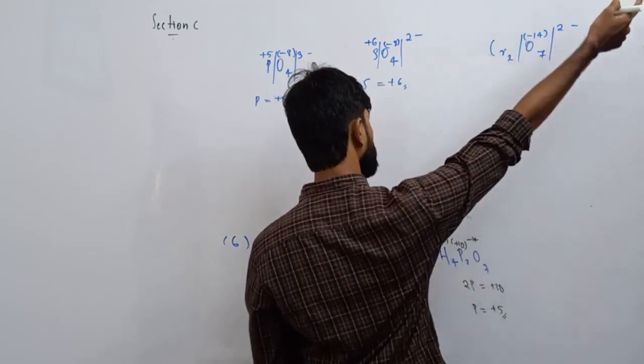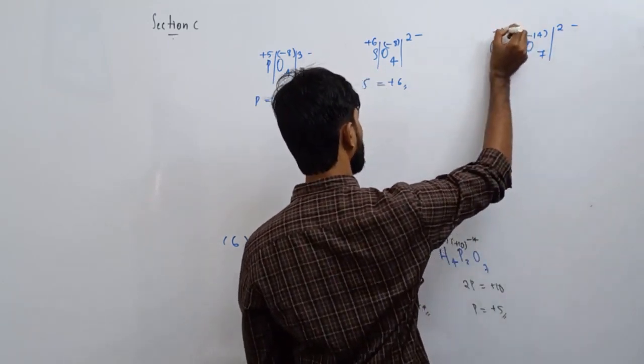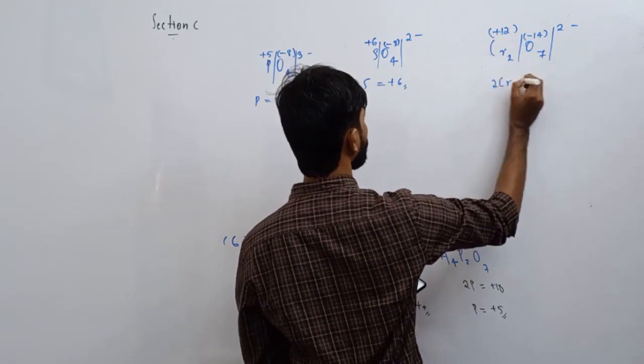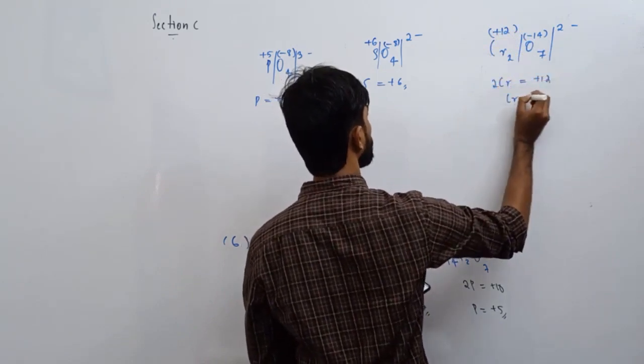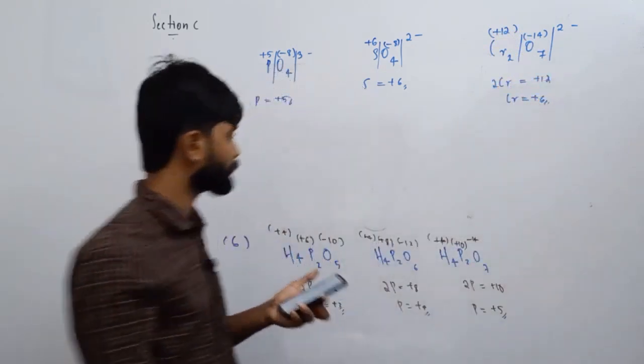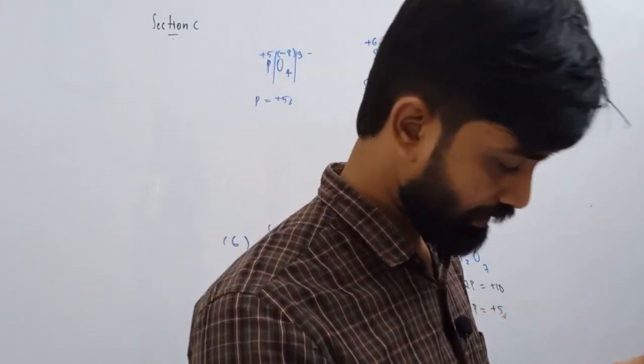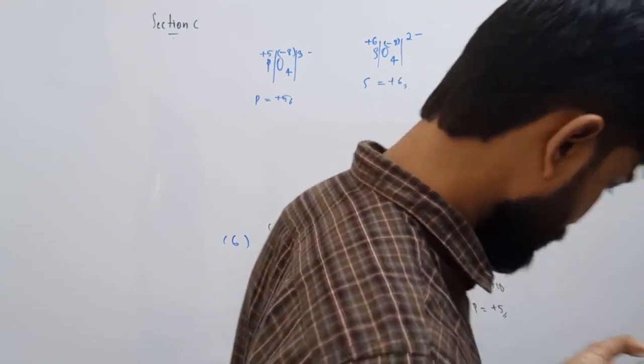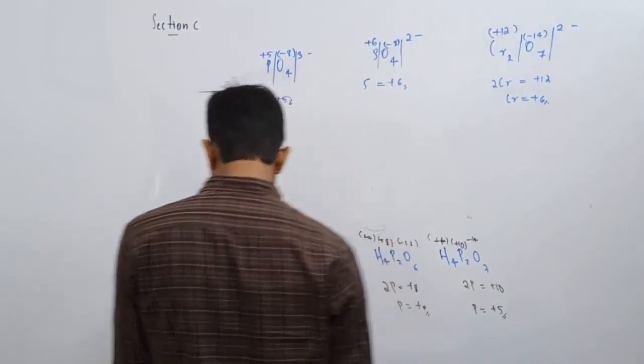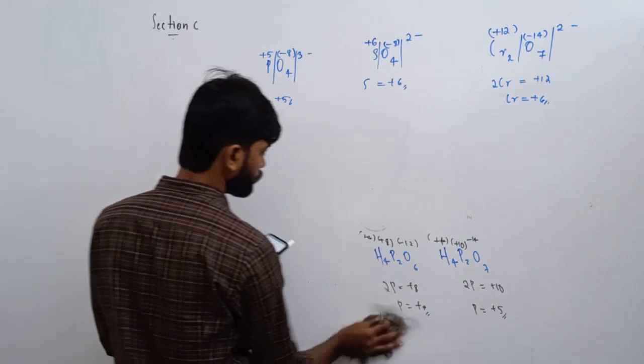In order to get -2 outside, this chromium part should offer +12. But it is offered by 2 chromium, means a chromium should offer +6. So it is +5, +6, +6. You can choose the choice as 4.